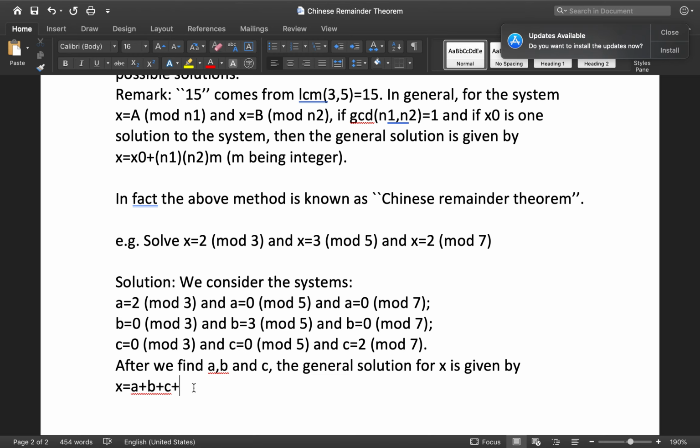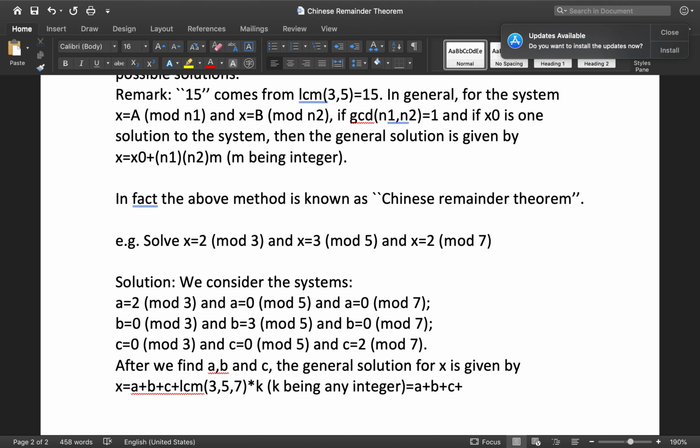So you have to add something at the back, which is the LCM of 3, 5, and 7, and then you multiply that by k, with k being any integer. If you do that, that will give you all the solutions for x.